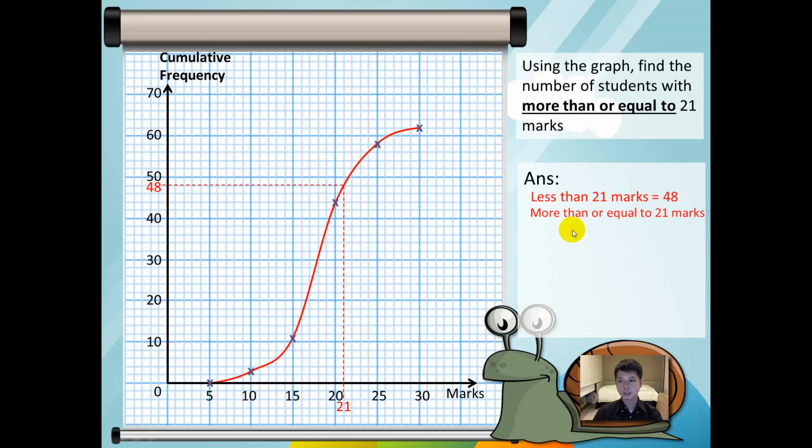To find more than, I have to use the total, which is, yes, 62 here. Now, do remember, do not just simply read off the last number, but do read off from the graph instead. So I will have 14 students with marks more than or equals to 21.